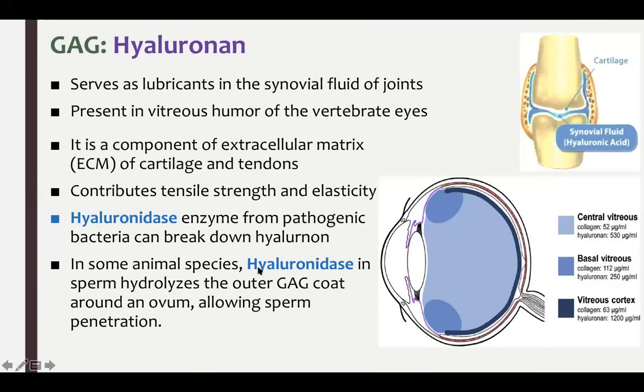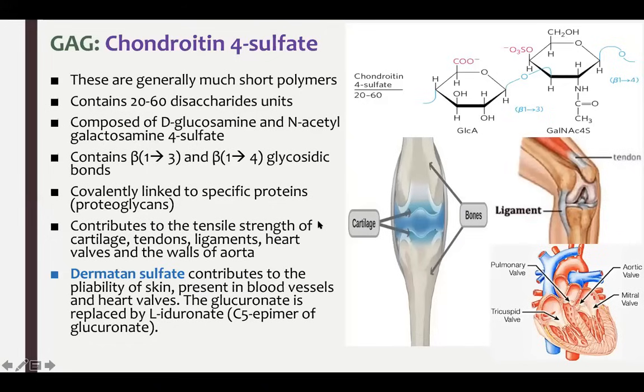Then next we'll come to the chondroitin 4-sulfate. We have already discussed that the glycosaminoglycans are highly sulfated. That means some molecules are highly sulfated, sulfur containing molecules. So in the chondroitin 4-sulfate, we can see this is the glucuronic acid. The terminal carbon has been carboxylated, and this is the N-acetylgalactosamine 4-sulfate. So this is 1, 2, 3, 4.